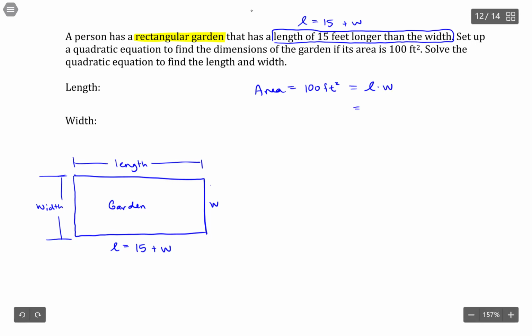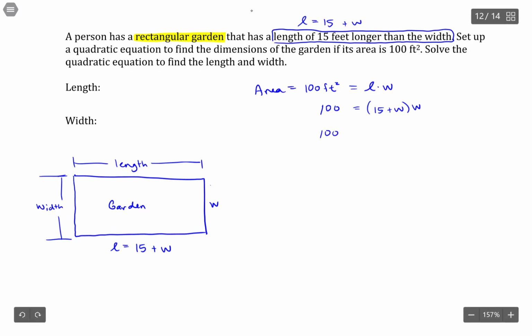And I actually know what the length is. The length in terms of the width is 15 plus W, and then times another, the width. So I can say the length times the width is equal to 100, so that's just the definition of area.